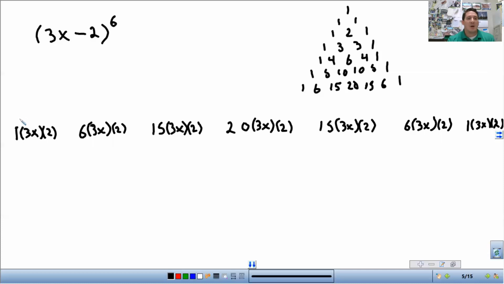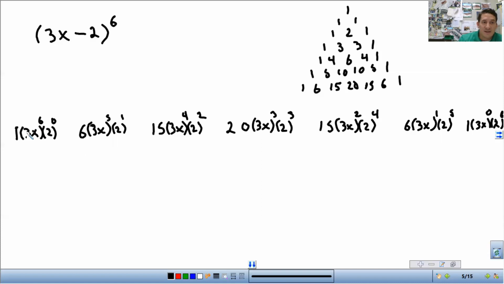All right, so put in the exponents. So on the first part, it's going to go 6, 5, 4, 3, 2, 1, 0. And then here it's going to start 0, 1, 2, 3, 4, 5, 6.